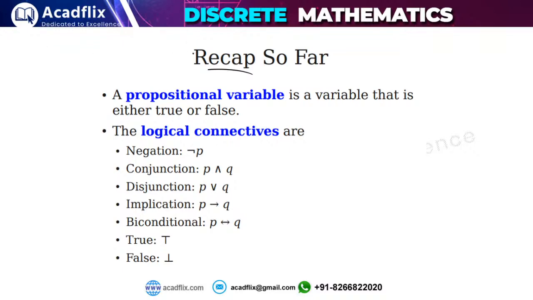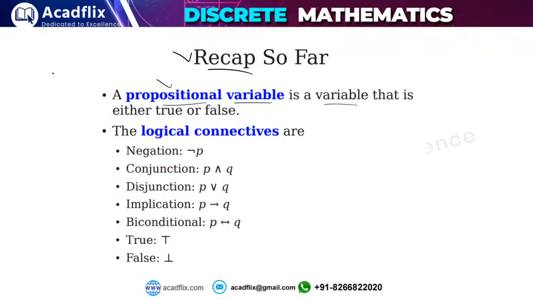Okay, so yesterday we were studying propositional logic, and we had seen what a proposition is and what a propositional variable is. A propositional variable is a variable that represents a proposition, and a proposition is a statement which is true or false.